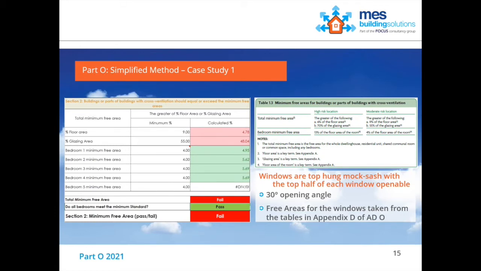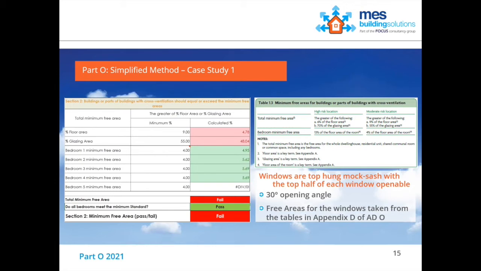Now, that may be, rather than having a top hung mock sash, and it doesn't mean we have to go to a full sash design, where essentially half the window has a massive free area because we can lift it up and that area is completely free. That would give us a very large free area rather than being restricted with a top hung or casement that only opens to sort of 30 degrees.